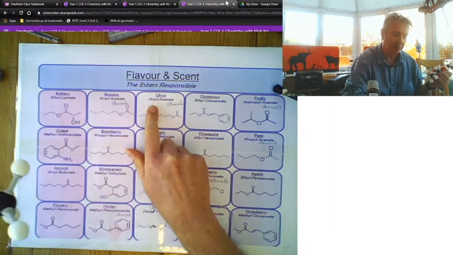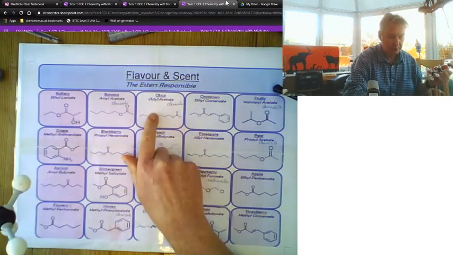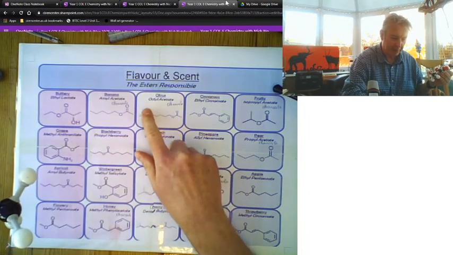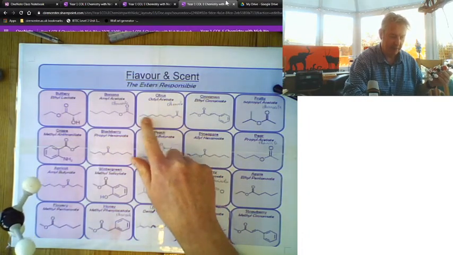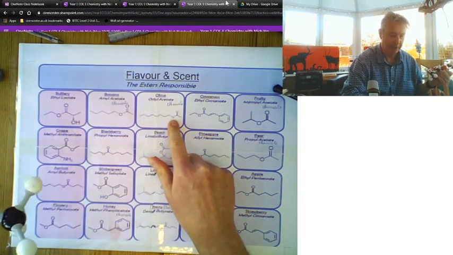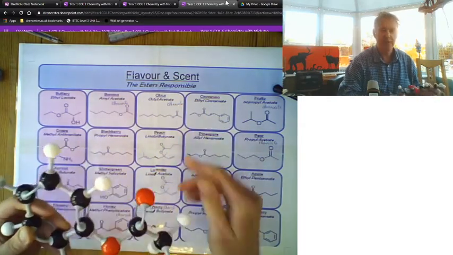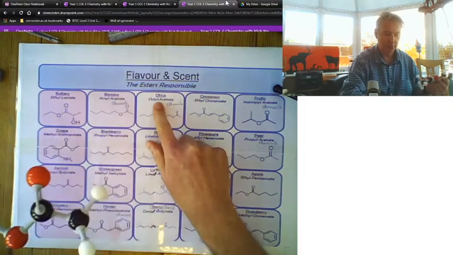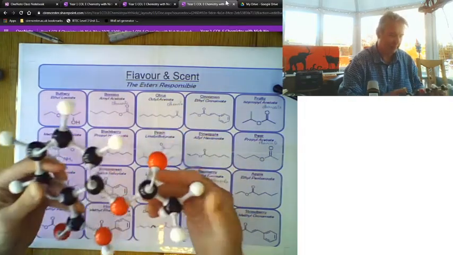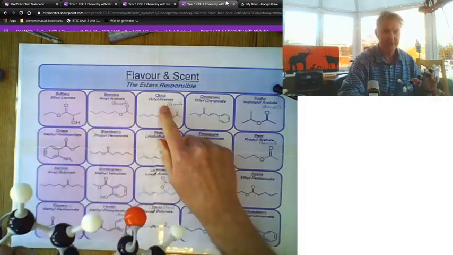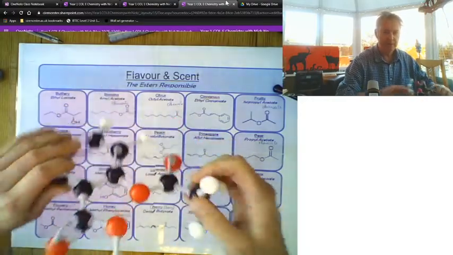So this has come from octanol, which is a chain of 8 with an alcohol on it, and ethanoic acid, and those are joined together to make octyl ethanoate, or in the old style we call it octyl acetate. So wherever you see acetate, it's going to be ethanoate. So there is our molecule of aspirin.